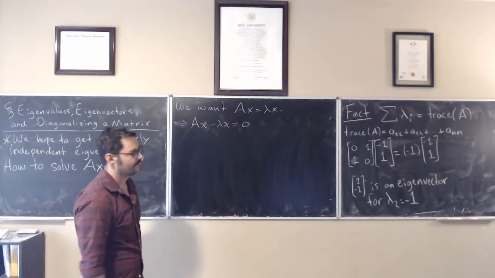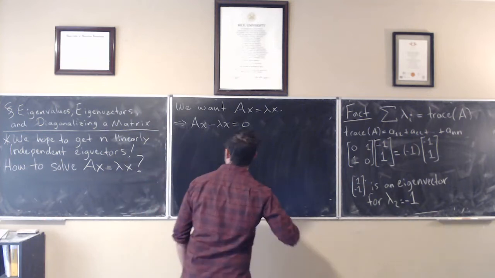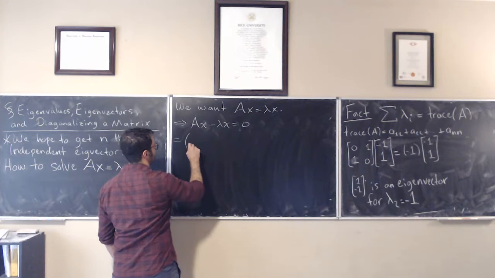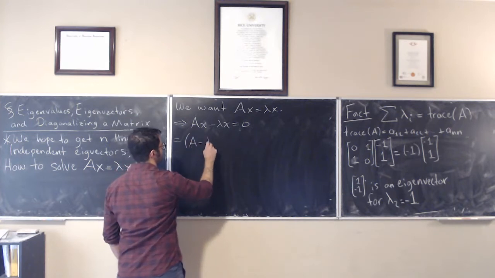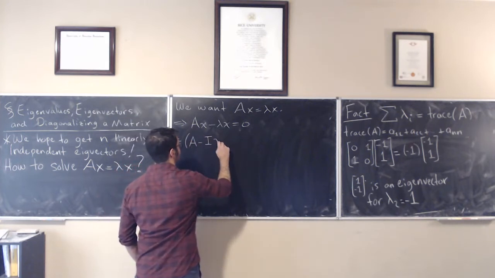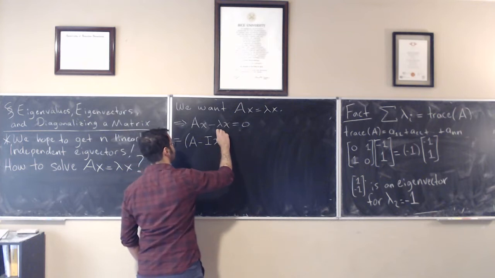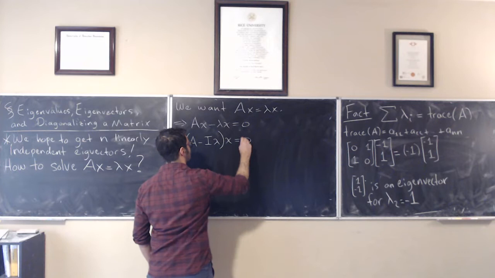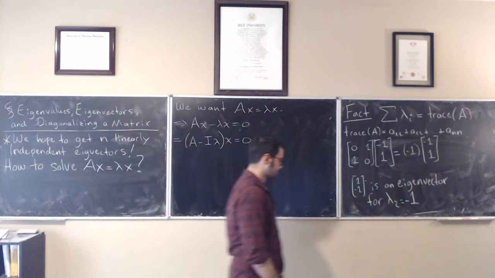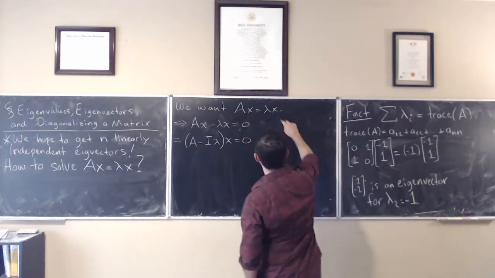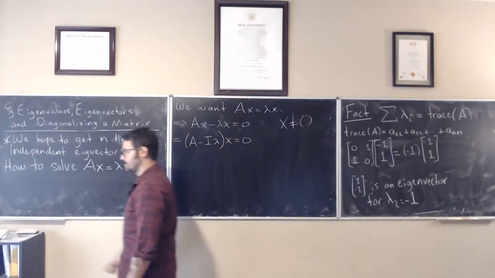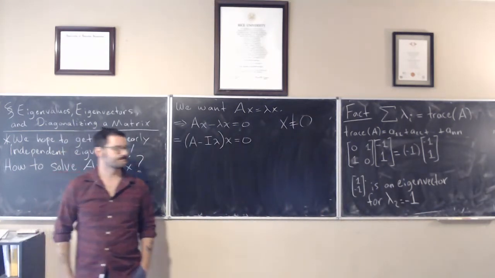But we can factor out x and write this as A minus the identity matrix times lambda, times x, equals 0. And again, we are assuming that we don't want the zero vector.